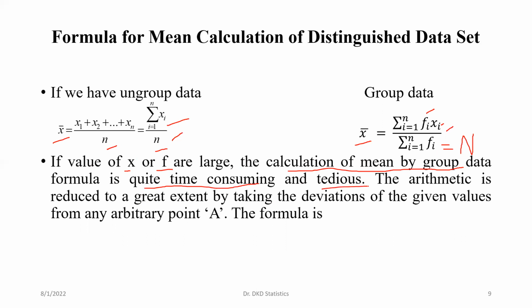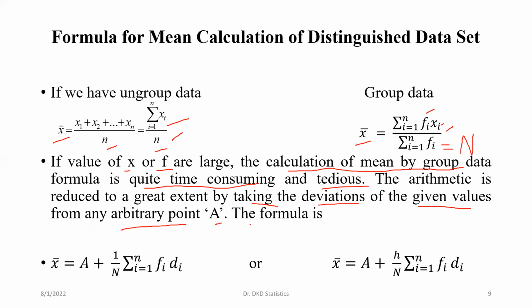The arithmetic mean calculation is reduced to a great extent by taking the deviations of the given values from any arbitrary point A. The formula is x bar equal to A plus 1 upon n summation i equal to 1 to n of fi di, or more simply, A plus h divided by n summation i equal to 1 to n of fi di. So these are the four kinds of formula we can use for the mean calculations. Now we'll have an example.